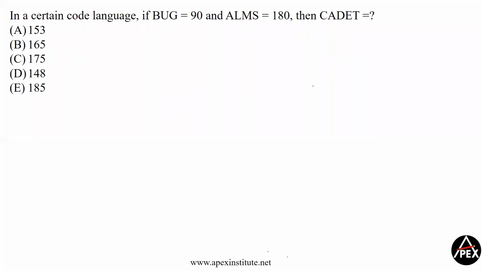Perfect. So now coming to this question again. Back to the question. So in a certain code, bug is written as 90 and arms is coded as 180.